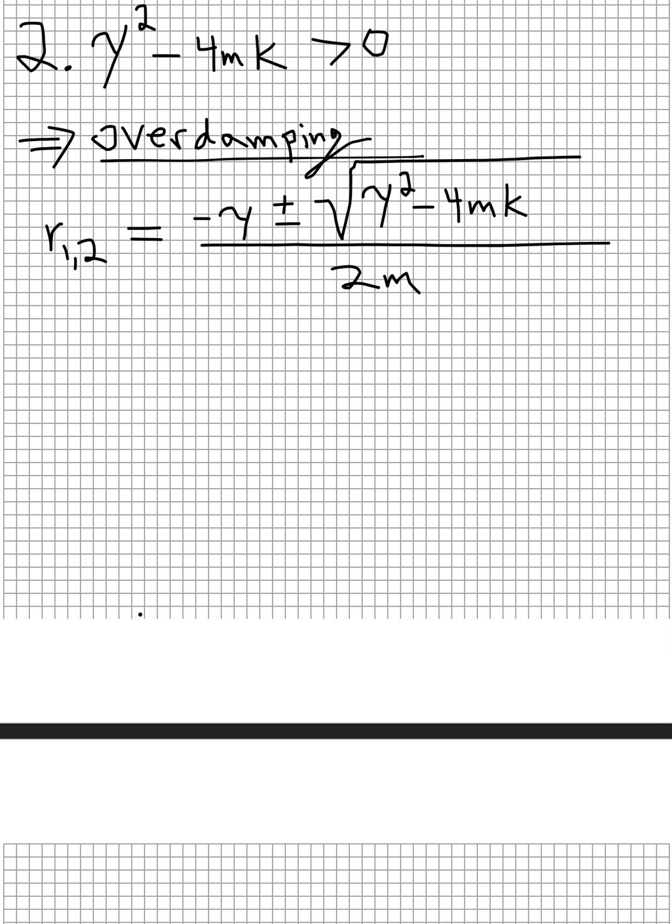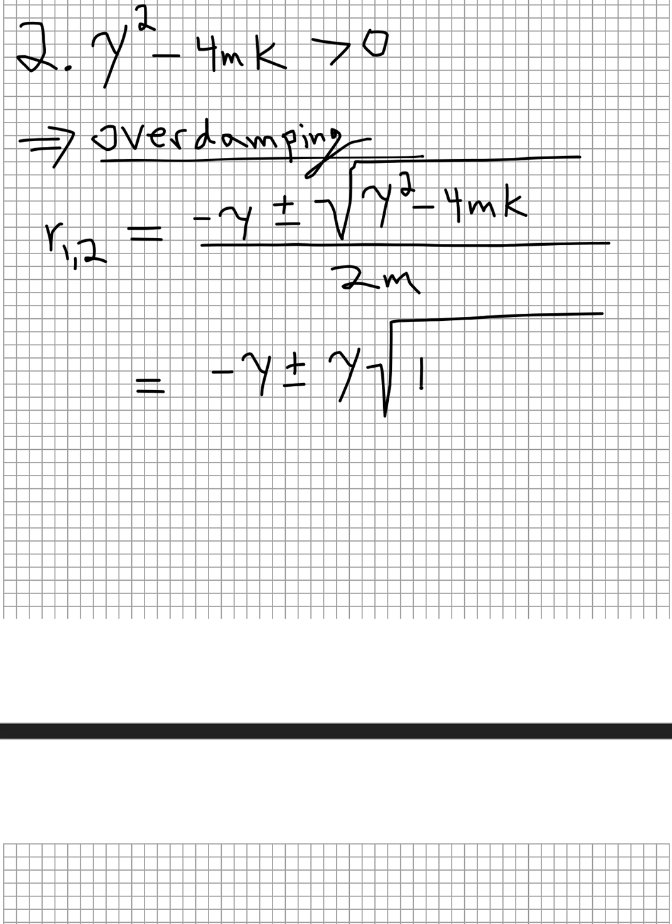Cool. So this equals, if we simplify a little bit more, negative gamma plus or minus gamma. If we take 1 out of the root, this is what we end up with inside the root.